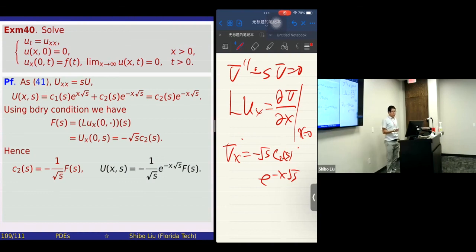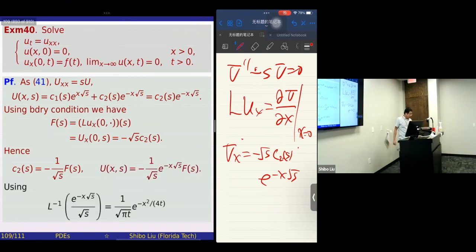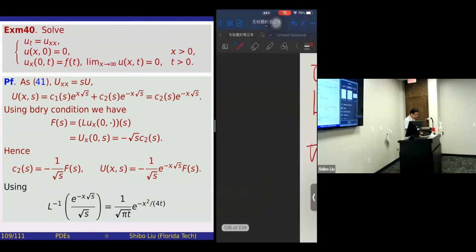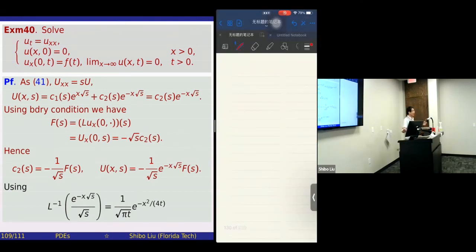Now you should take the inverse transform. Taking the Laplace inverse transform, we need this result. This result may not be in our table, but in a larger table you have this result.